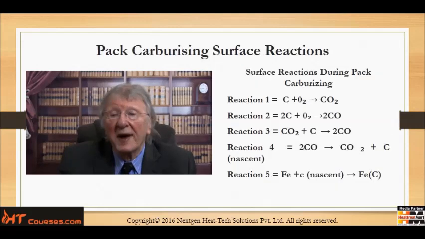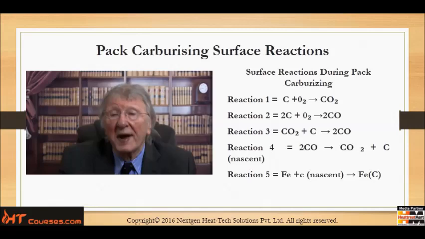The surface reactions during packed carburizing. Reaction 1 is carbon plus oxygen, which equals carbon dioxide. Reaction 2 shows 2 parts carbon plus oxygen, which equals, in a reversible reaction, carbon monoxide.